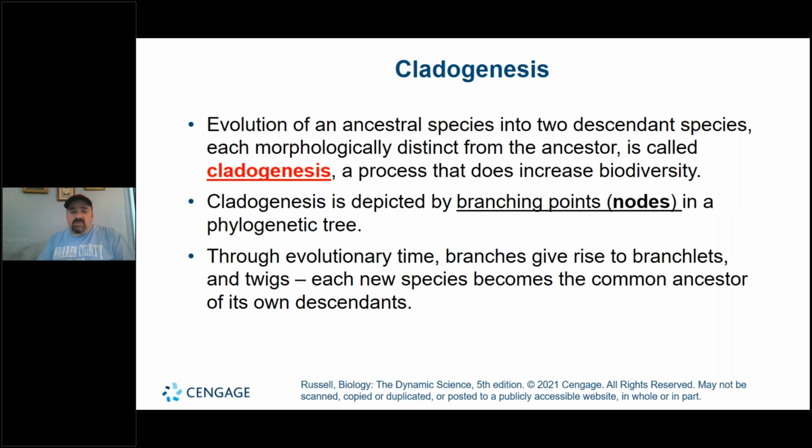Cladogenesis. So here we're talking about evolutionary change of an ancestral species into two distinct species. So this evolutionary change over millions of years can create new species, each morphologically distinct, meaning that they're similar, but there are distinctions between the different species. And know that species cannot reproduce between each other.